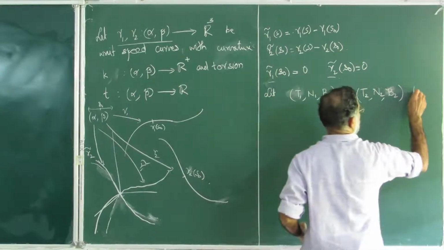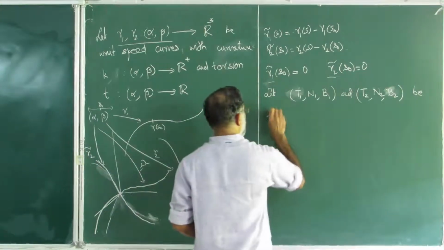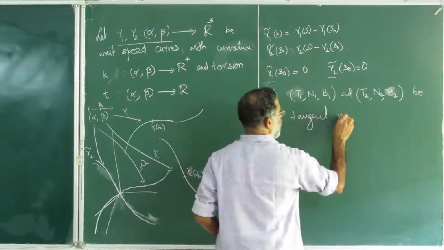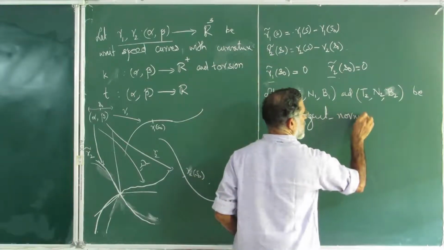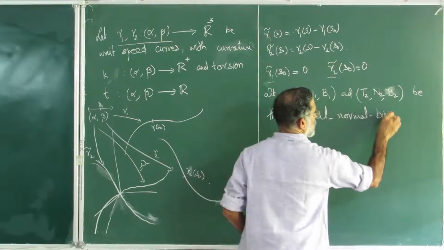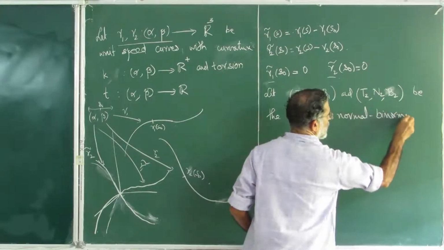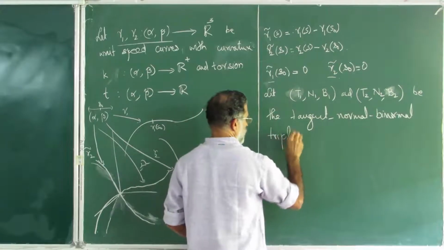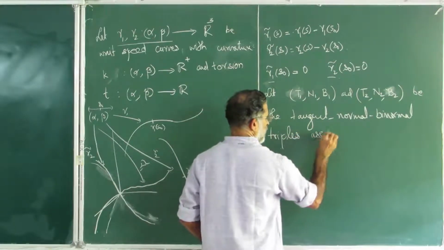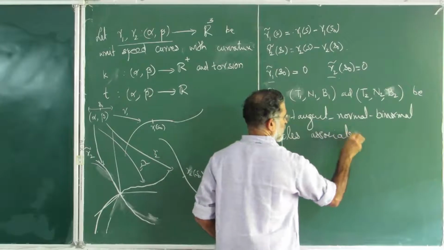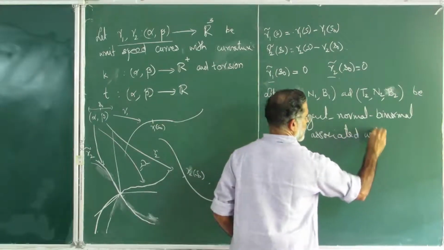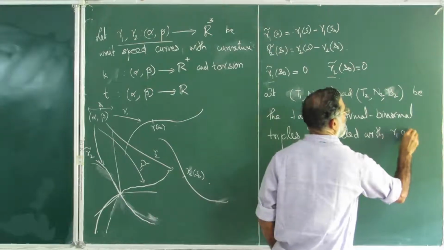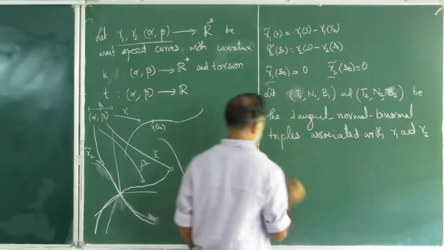So I am writing the tangent, normal, binormal triples associated with gamma 1 and gamma 2 respectively.